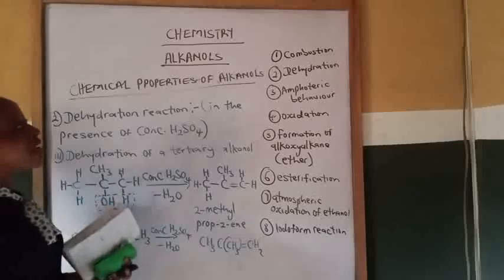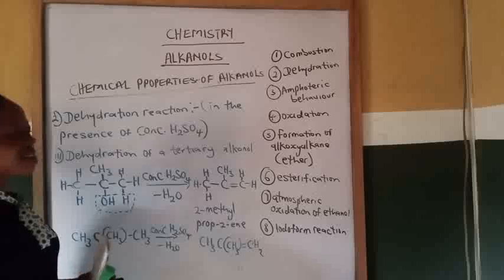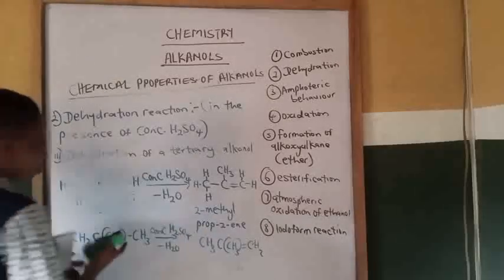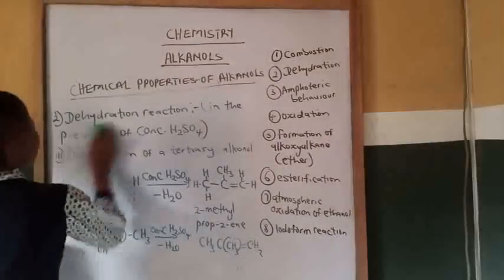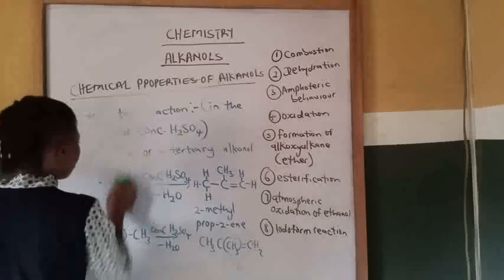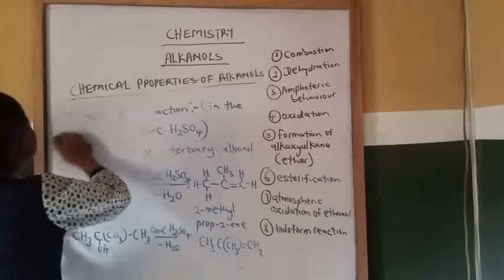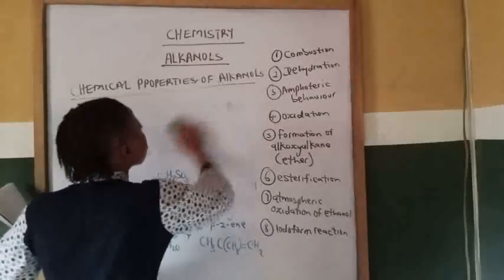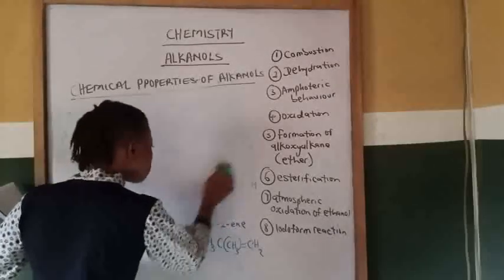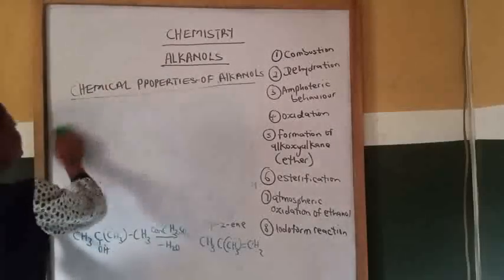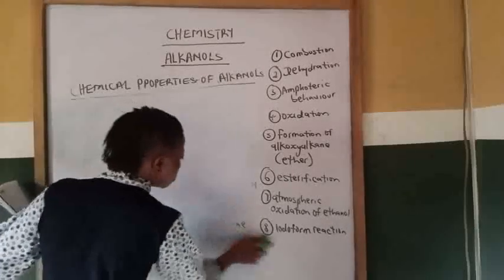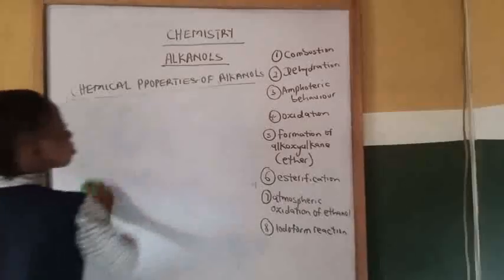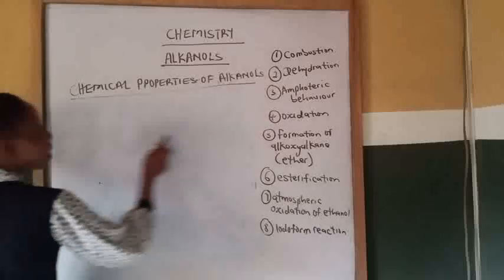Amphoteric behavior of alkanol shows that alkanol can act as an acid, and it can also act as a base. So number 3 chemical process is amphoteric behavior.